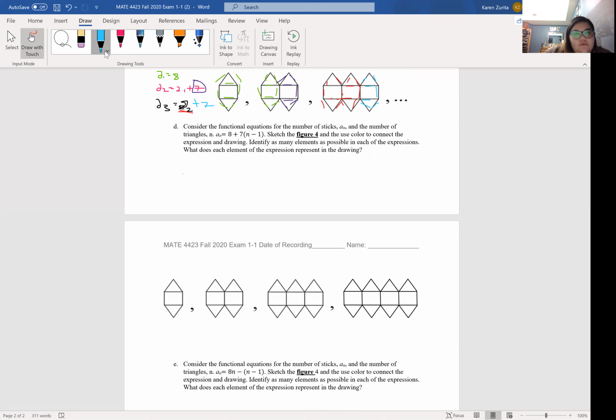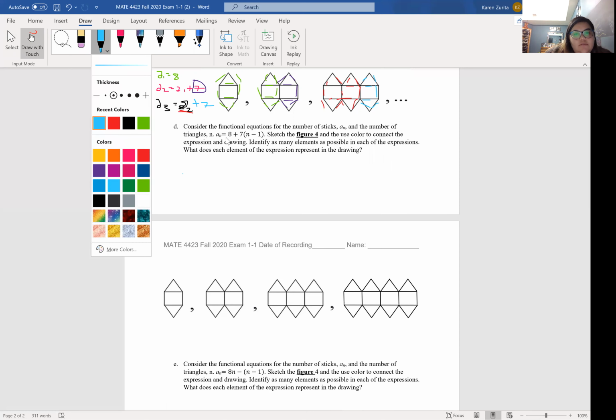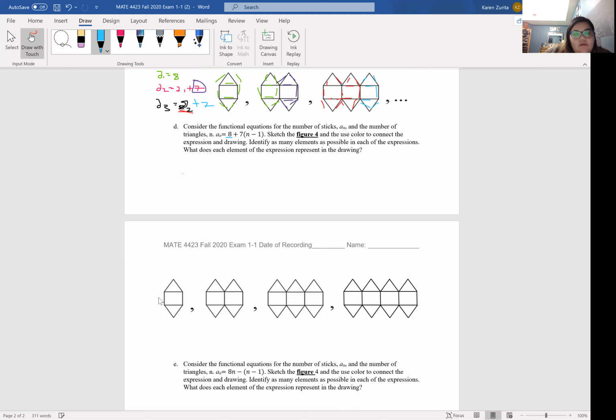So for this one, this 8 is going to be the 8 initial that we have, which is going to be for all of the figures. All 8: 1, 2, 3, 4, 5, 6, 7, 8.